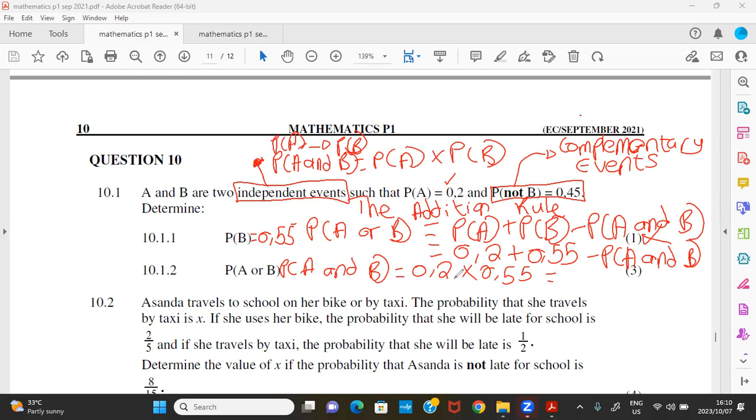So if you guys please just punch this in your calculator quickly and tell me what you get. So 0.2 times 0.55, what is that?